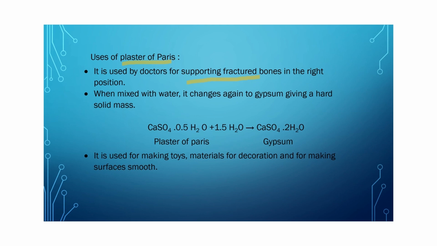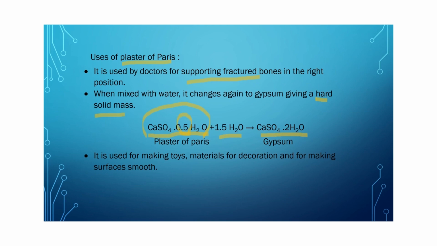Now this reaction which we have just discussed can be written like this. Plaster of Paris, calcium sulfate dot 0.5 water molecule, is chemically plaster of Paris. When this reacts with water, it again forms gypsum. The hard solid mass is gypsum. Now, what does 0.5 water molecule mean?